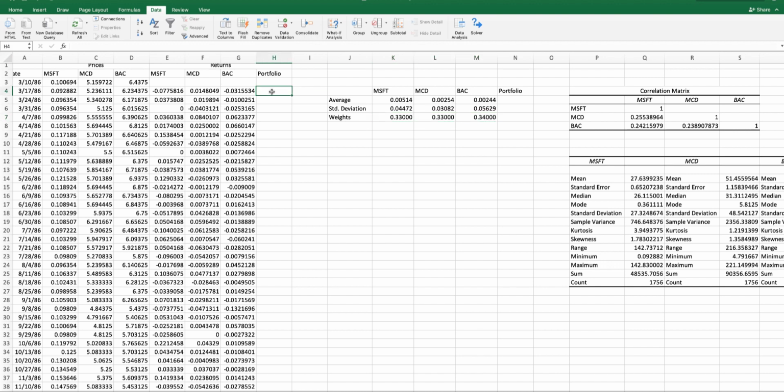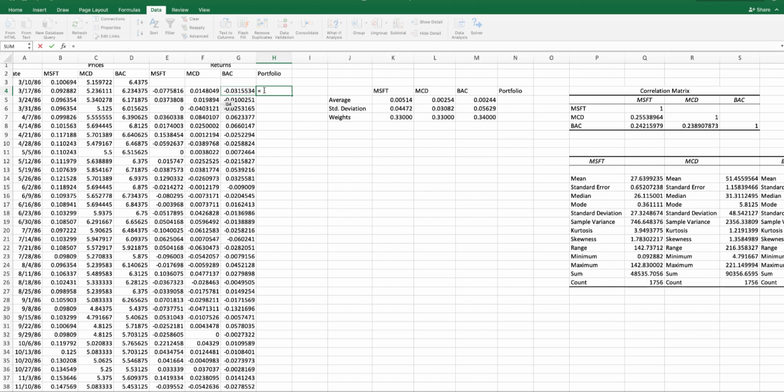So when we're calculating portfolio return, it's actually a weighted average of these stock returns, and the weights are how much we have invested in each one of them. So if you invested more in one, then it will receive a higher weight because your portfolio returns will be more similar to that particular stock's return.